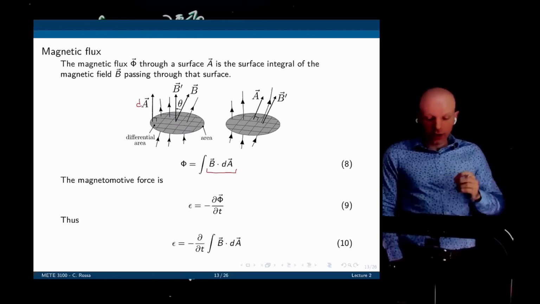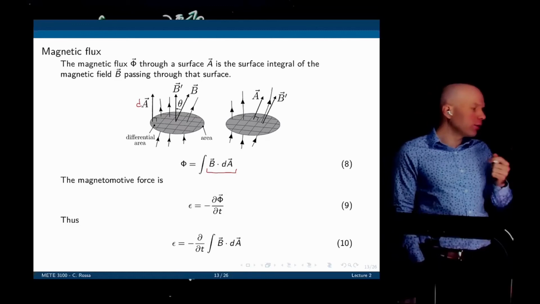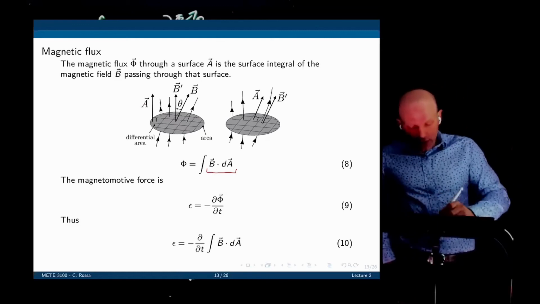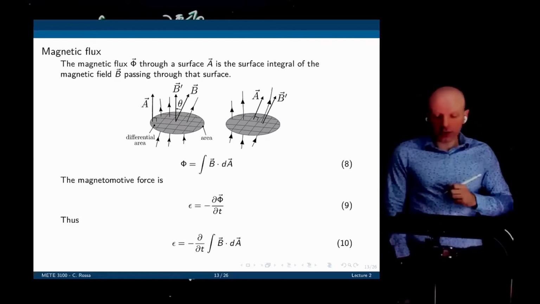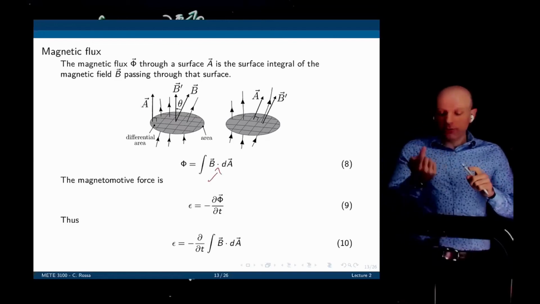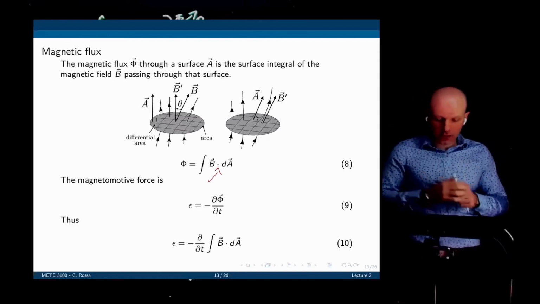To find the total magnetic flux, which would be equivalent to the current in an electrical circuit, we simply take the integral of them, with a dot product here, because we are interested in the number of magnetic flux lines that are perpendicular to that surface, hence the dot product.